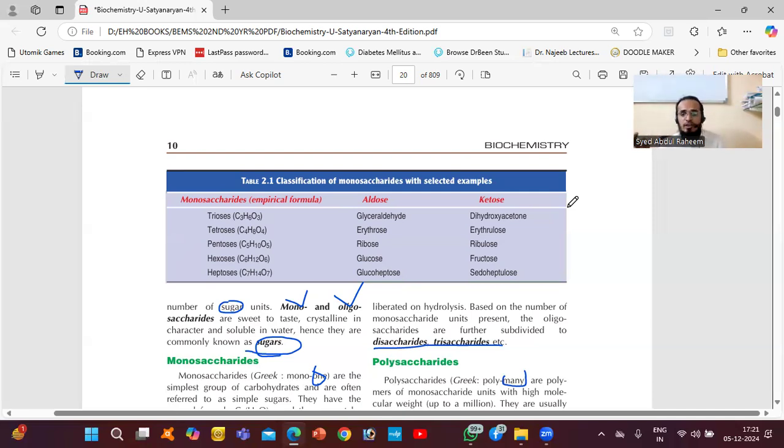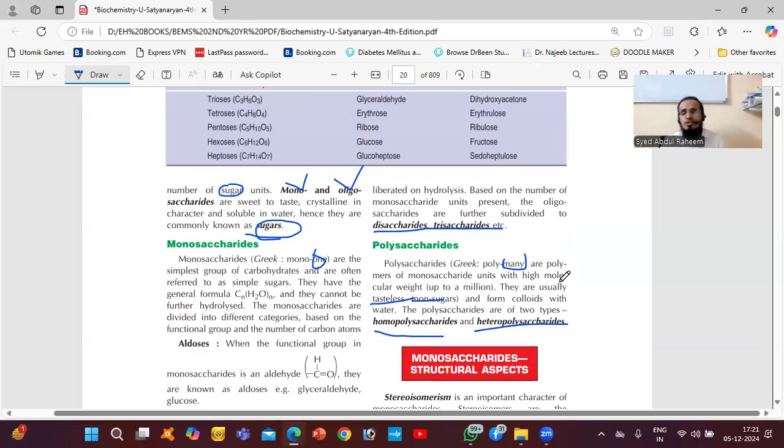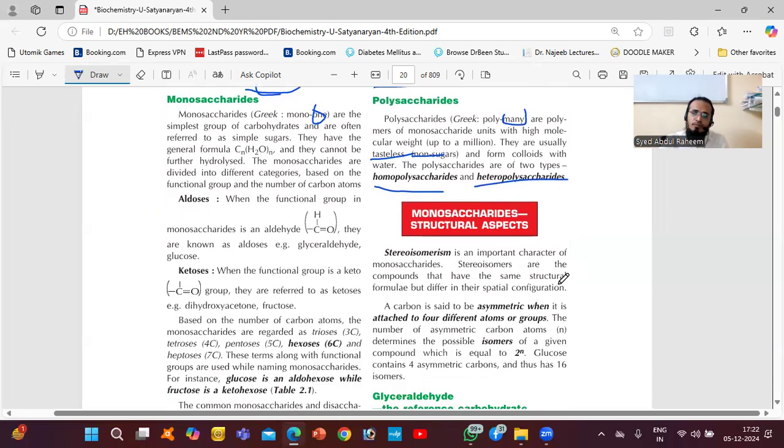As for polysaccharides, poly means many, saccharides means carbohydrates or sugars. So many sugar molecules are there, but they are usually tasteless. And they have two types: homopolysaccharides and heteropolysaccharides.